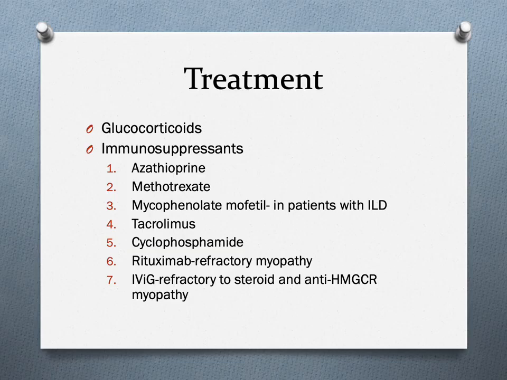So the following are azathioprine, methotrexate, mycophenolate mofetil, which is an option in patients with ILD, as well as tacrolimus and cyclophosphamide. Rituximab is also an option in those patients with refractory myopathy, and IVIG for those patients who are refractory to steroids and at least one immunosuppressant or at least one second-line treatment, and those patients with positive anti-HMG-CR myopathy.